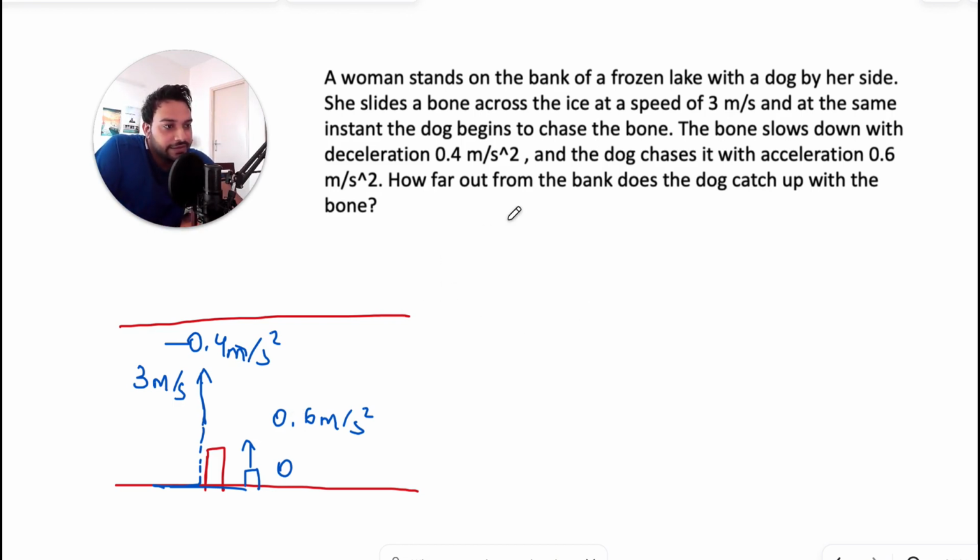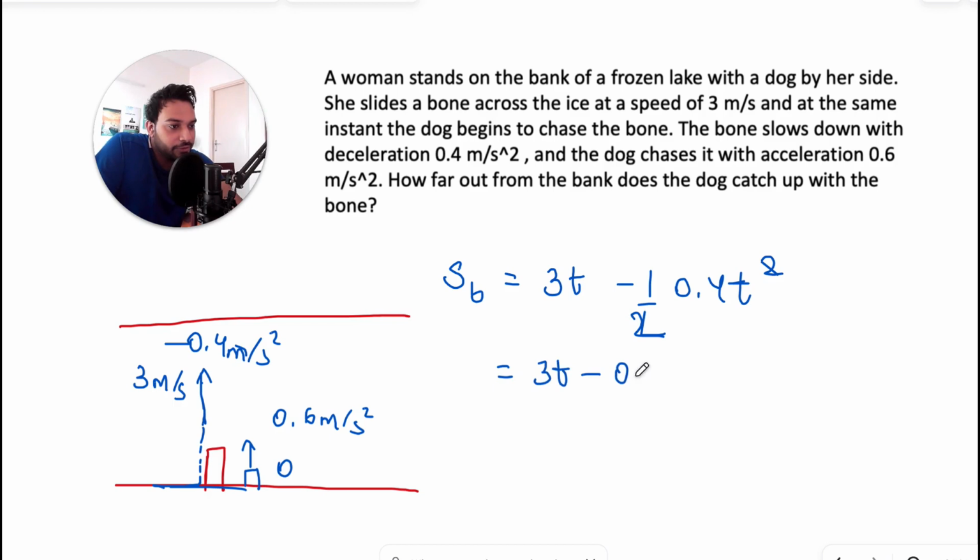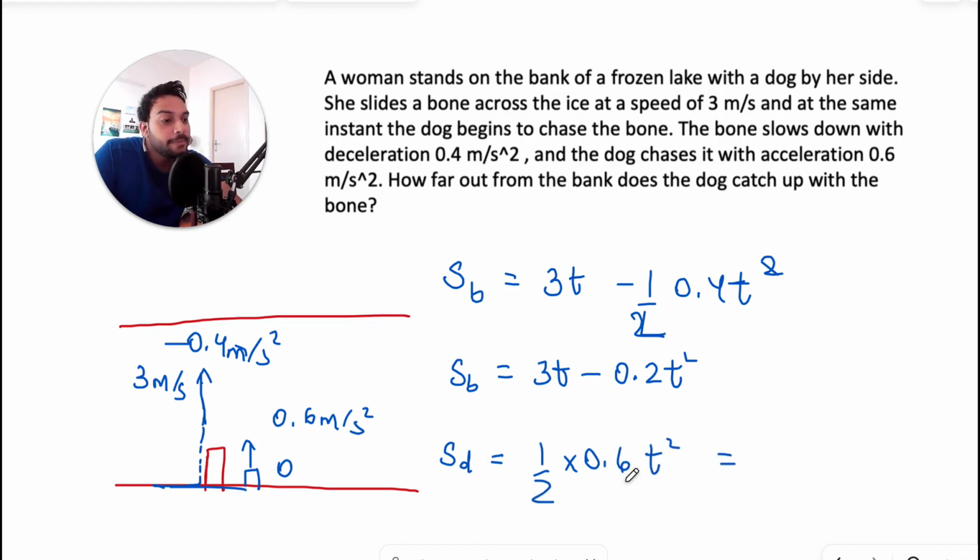So let's write that. The displacement for the bone, S_B, is equal to ut minus half times 0.4 t squared, which simplifies to 3t minus 0.2 t squared. Now for the dog, S_D, initial u is 0, so half times 0.6 t squared, which goes on to be 0.3 t squared.